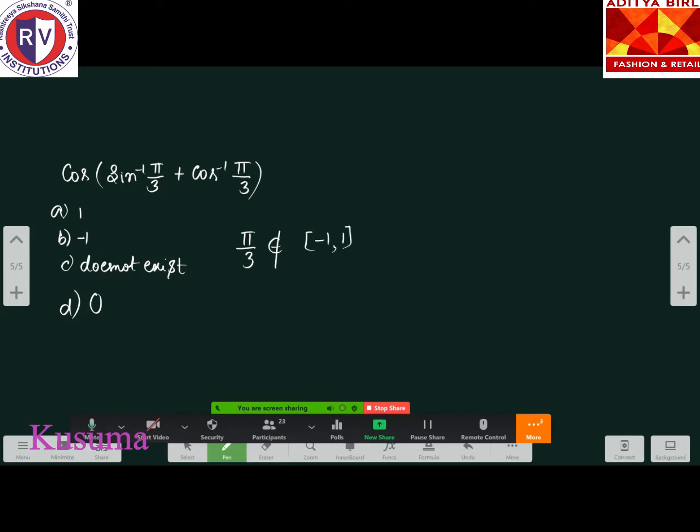Therefore, the value of sine inverse π/3 and cos inverse π/3 does not exist. If the value of this does not exist, what will be the cos of that value which does not exist? The answer for this is option C. The value does not exist.